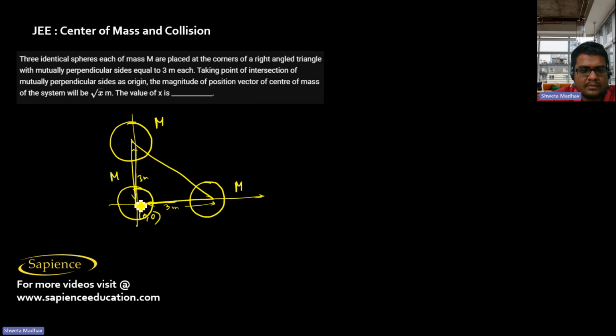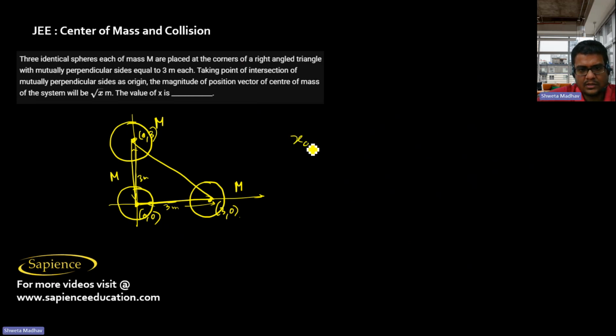Their masses are m. Since they are uniform spheres, their centers of mass will lie exactly at their geometrical centers. So this will lie at 0, 3.